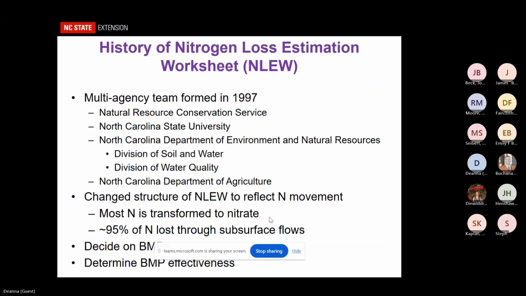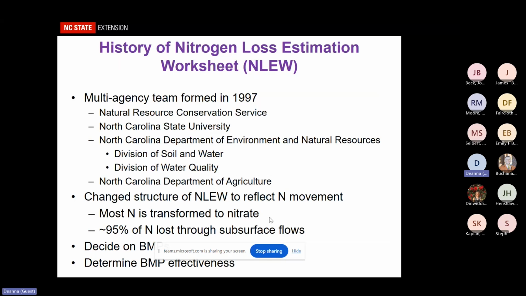So we formed this multi-agency team with all of these different groups. That's really important. And at the time that we started, NRCS had taken the lead, but they were totally focused on reducing erosion. The problem with that is that most of the nitrogen loss that we see from our agricultural fields is nitrate nitrogen moving through the soil into the shallow groundwater and then into the streams.